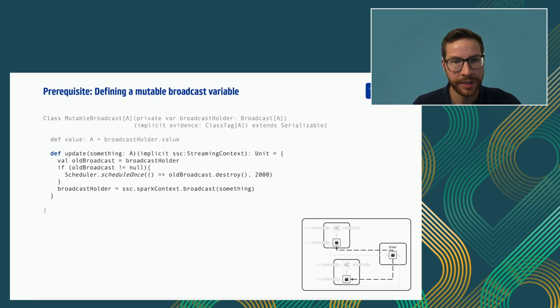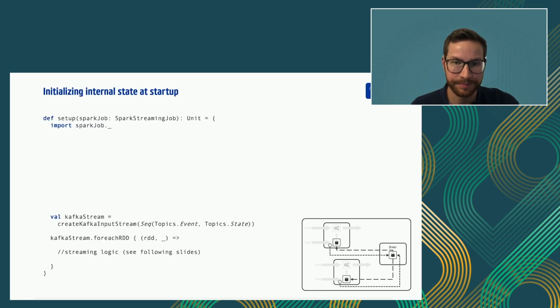And at the same time, we create a new broadcast with the new data and reassign our broadcast holder var to this new broadcast. So that way we have something which we can broadcast data from the driver to the executors, and whenever we receive an update on the driver, rebroadcast this update to the executors again. And what we need this for, you will see on the next slides.